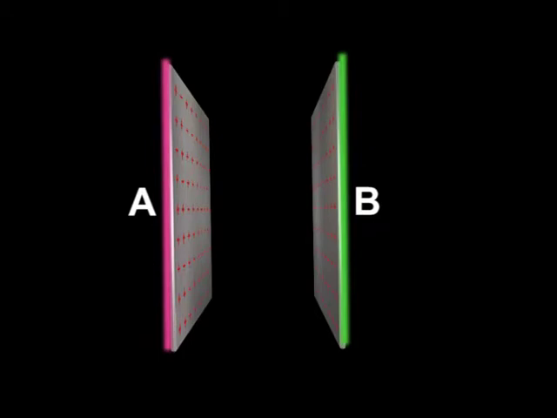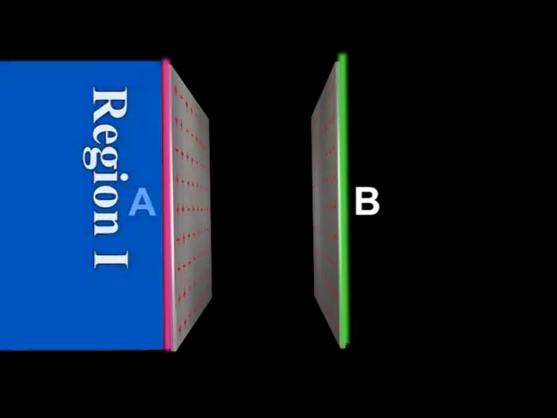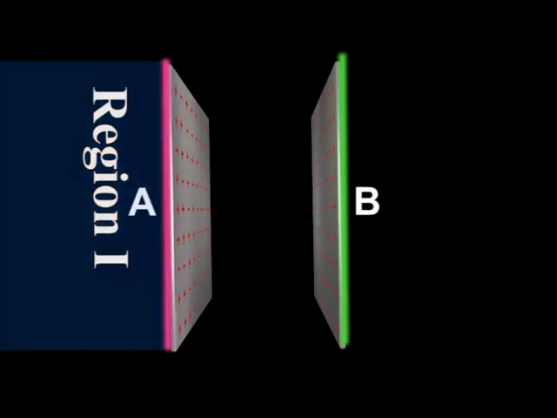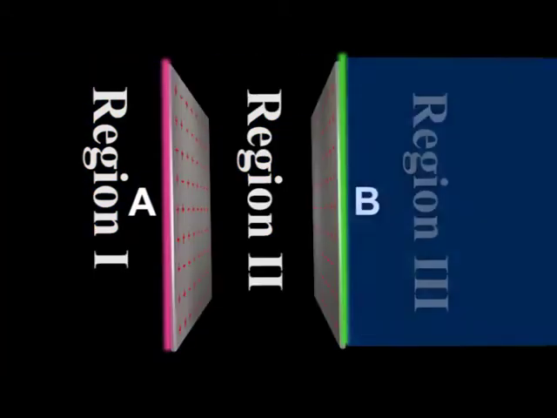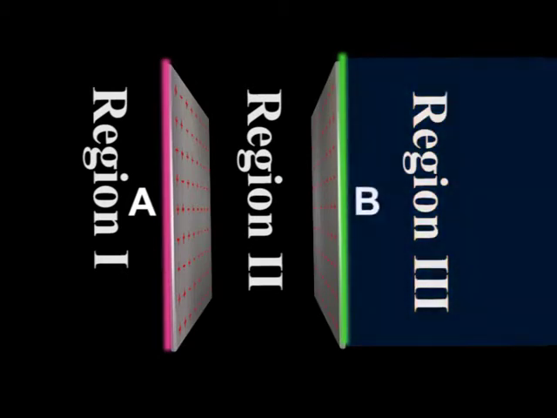The two sheets divide the space into three regions, namely region 1 lying to the left of sheet A, region 2 between the sheets A and B, and region 3 to the right of sheet B.